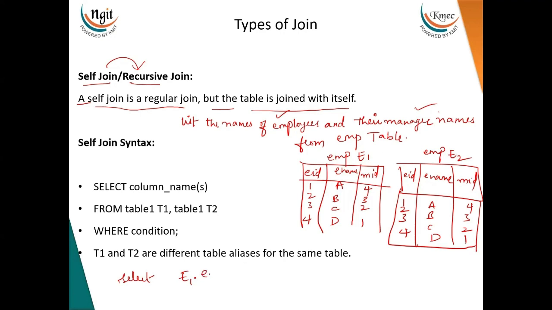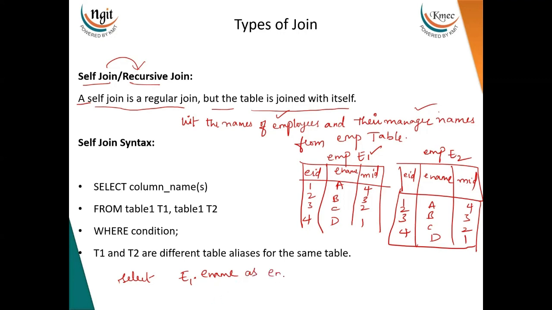E1 dot employee name. Because employee name is the attribute you are retrieving from E1, that is from this E1 table. Thereby I have written E1 dot employee name as, you can take down an alias name for it.